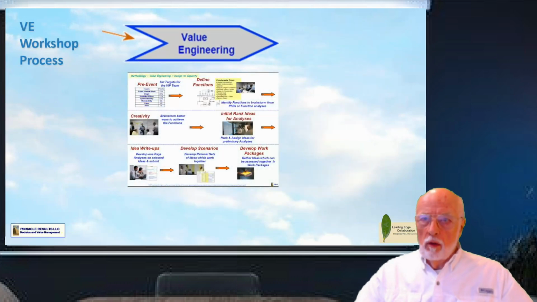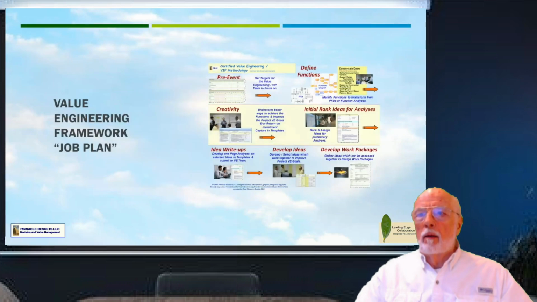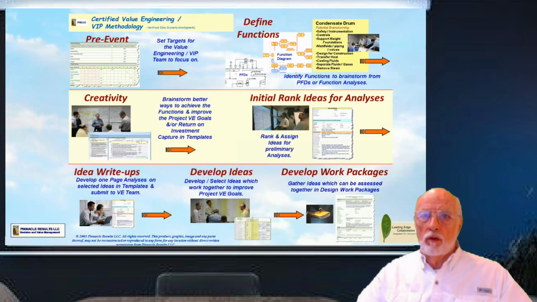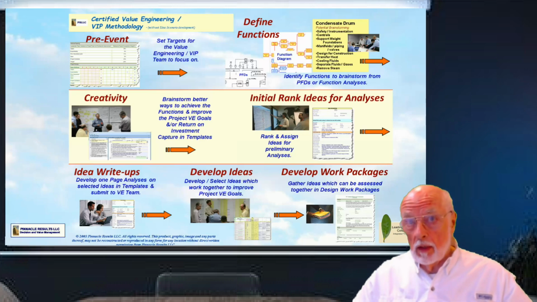If we're going to look at the value engineering process workshop, what that looks like is a formalized job plan. That formalized job plan goes through the pre-work, the pre-event. We've done some of that with some of you already, and that's in the terms of reference that's on MS Teams.